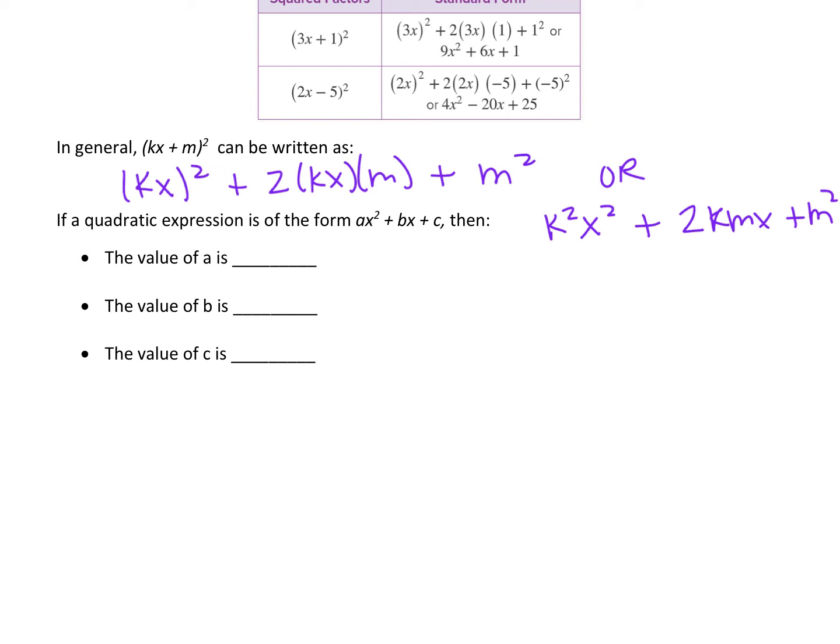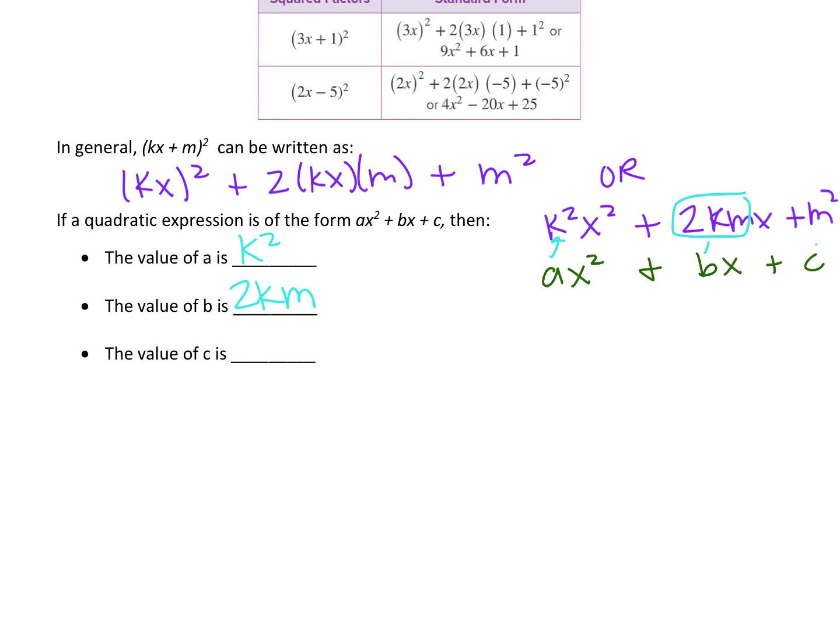So how does that relate to the a, b, and c values that we know of ax squared plus bx plus c? Actually, maybe we'll write it right below. Ax squared plus bx plus c. So when we write it right below it, what we can see is that the value of a is k squared. The value of b is this 2km.